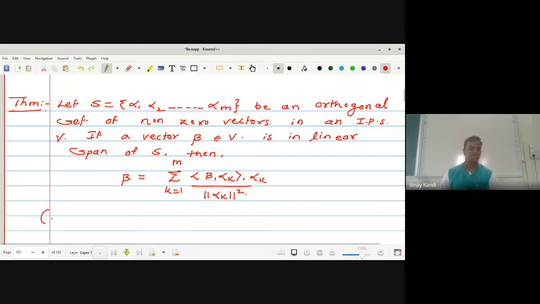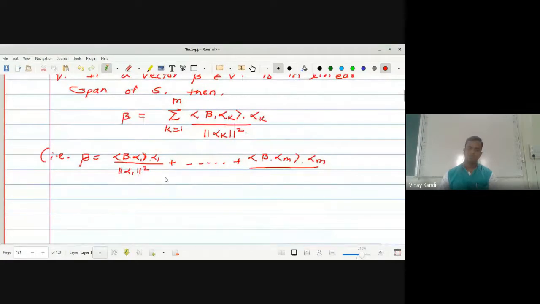Okay, म्हणजेच काय येईल, that is beta is equal to inner product of beta with alpha 1 into alpha 1 divided by norm square of alpha 1, plus up to so on, inner product of beta with alpha m into alpha m divided by norm square of alpha m. Okay, हा divided by हा तुमचा एक स्केलर आहे.